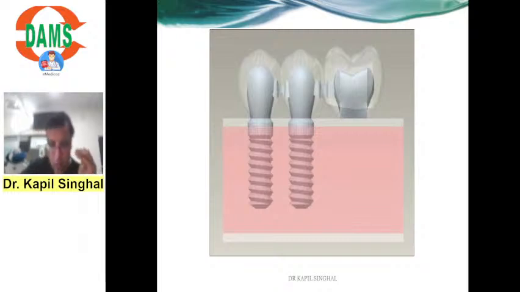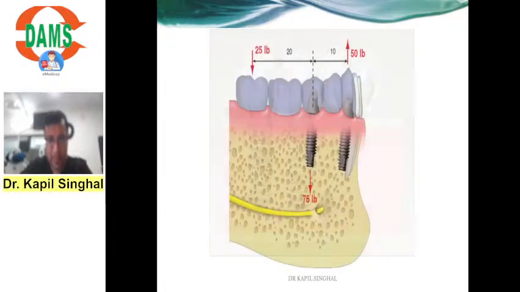Maybe the nerve is too crestally present or the sinus is too pneumatized and you're not able to place an implant in the first molar. So you cannot just place implants in premolars and give a 3-unit bridge. You need to place an implant below a molar also. Whether you do a grafting, you do a sinus lift, you do anything, but you cannot give this as a cantilever. So the first principle for implants is no cantilever over implants.